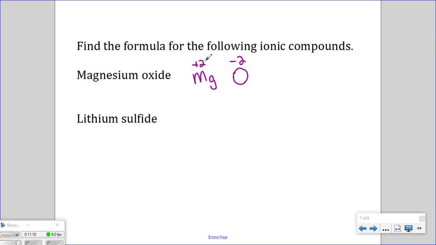Once we've determined the charges, we simply take the number and the number alone. Notice I've circled the number, and we'll cross it over so it becomes the subscript. So the 2 above magnesium, we will move it over so it now becomes the subscript number next to oxygen.